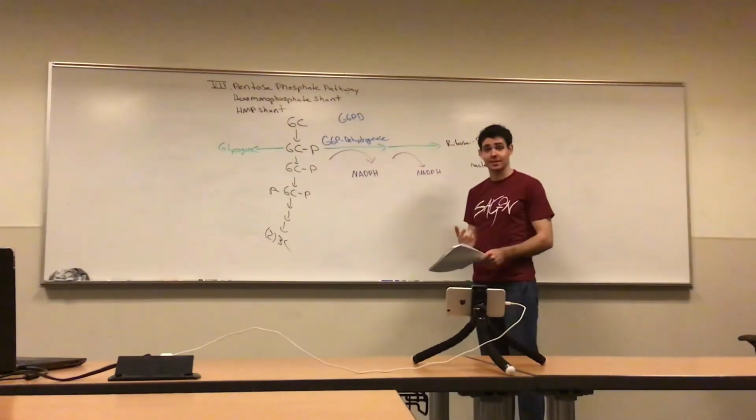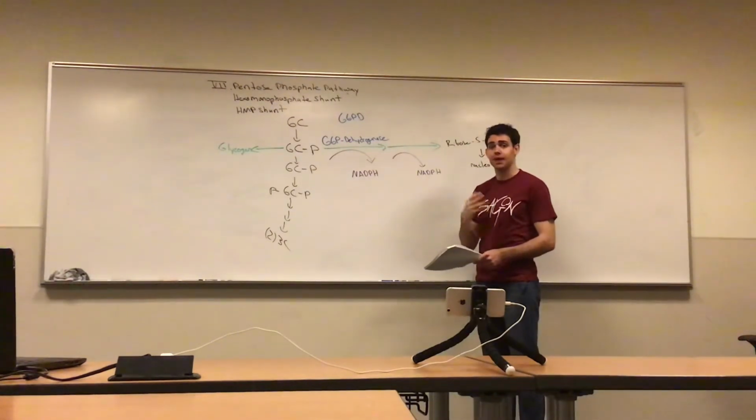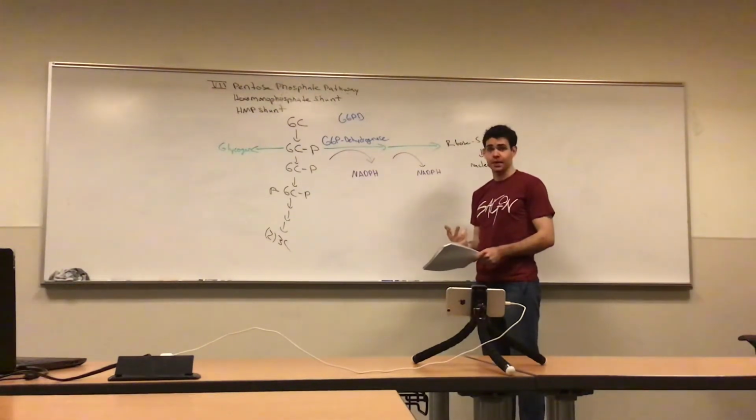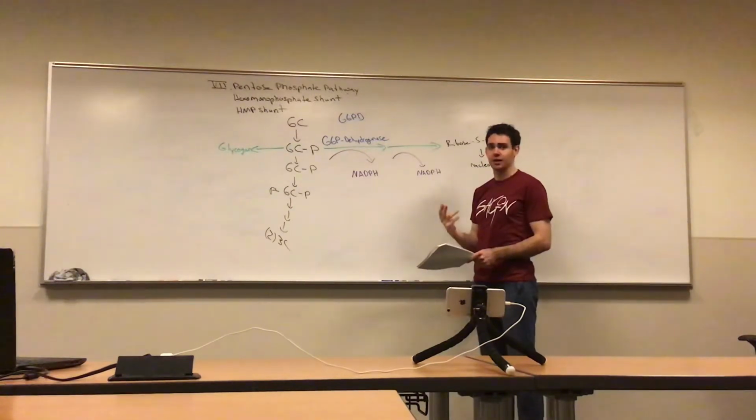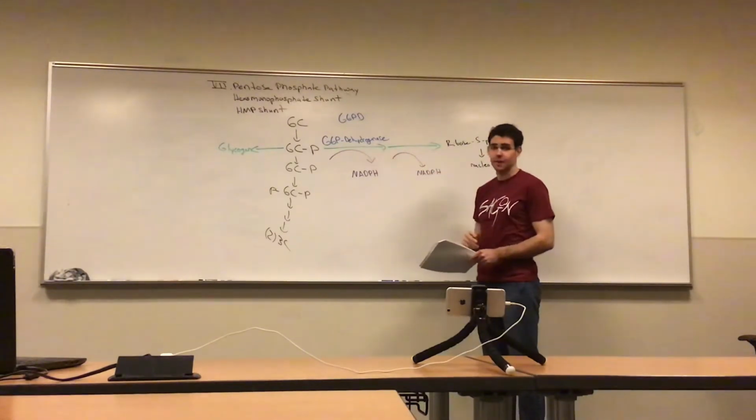When there's a deficiency, the lifespan of red blood cells is shorter. The average lifespan of a healthy, mature red blood cell is 120 days. If you have G6PD deficiency, it may be 30 days.